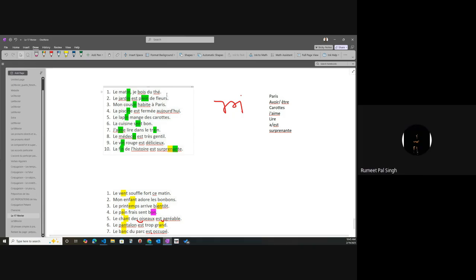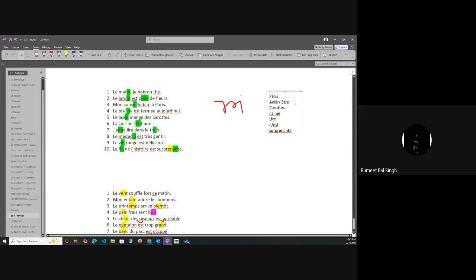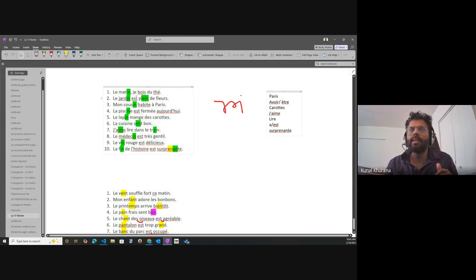Perfect. Now comes the turn of the vocabulary. So Rumi, I heard you said that mon cousin habite à Paris. So Paris is an English word. In French we say Paris. We don't pronounce the S. Second one. I think you have a difficulty in distinguishing between être and avoir.